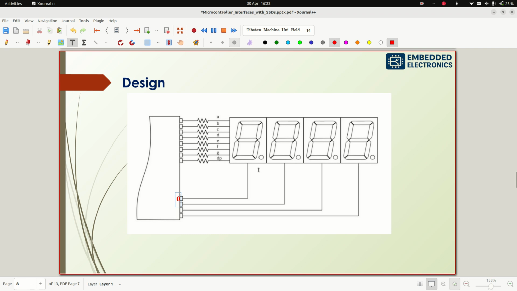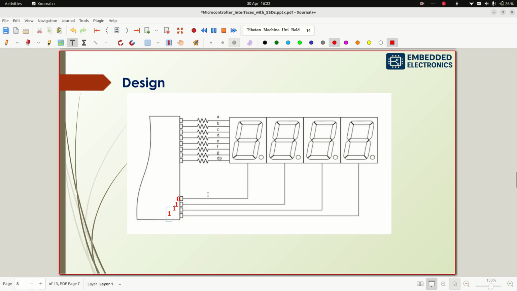When you turn on all LEDs, here we consider all the segment pins, and I turn off all the other control pins. Now what will happen? The total current is flowing in the control pin. I selected only one, right?